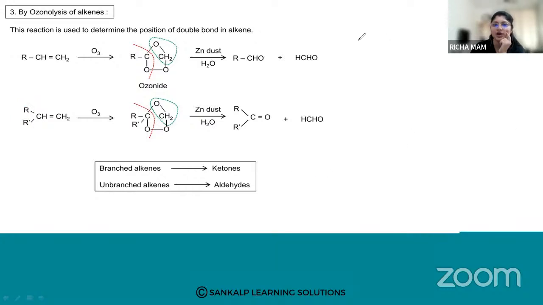So R, C, R, H double bond CH2 plus O3 molecule. When we add this O3 molecule, what happens? The rest of the molecule will be the same. So I'll write it like this: CH2, then O, one, two, three, four, five.